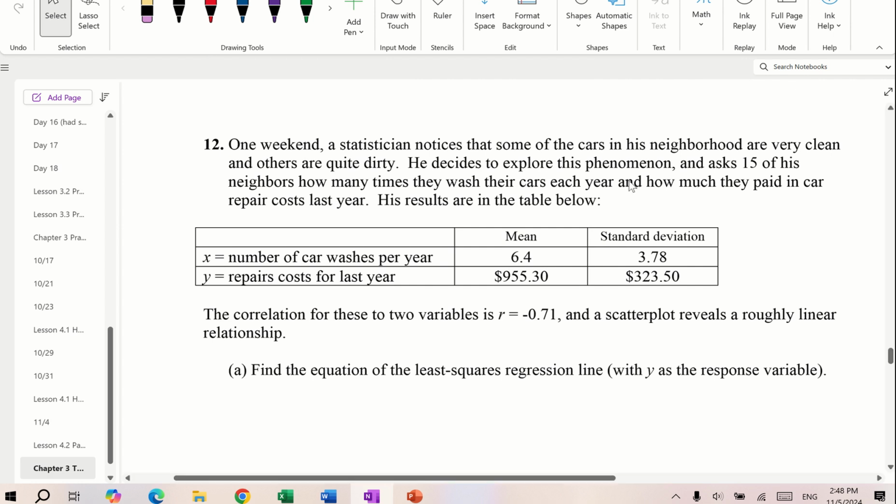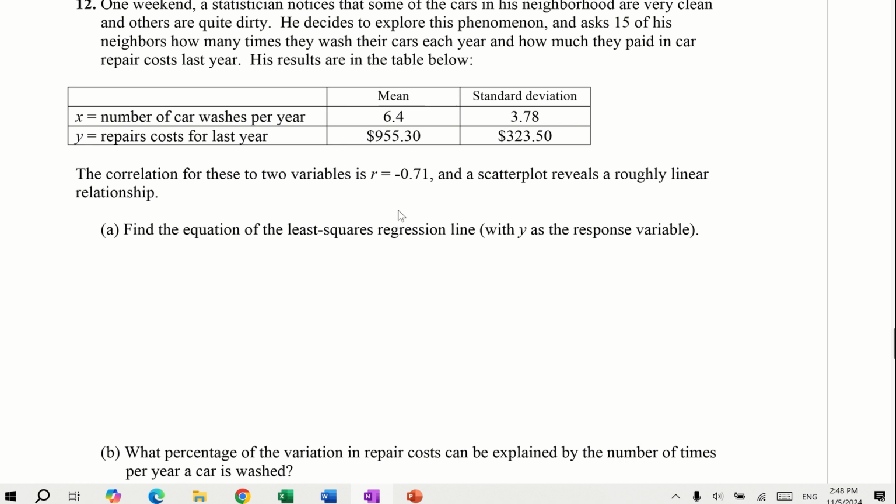He decides to explore this phenomenon and asks 15 of his neighbors how many times they wash their cars each year and how much they paid in car repair costs last year. His results are in the table below. We have the mean and standard deviation. The correlation for these two variables is r equals negative 0.71, and the scatter plot reveals a roughly linear relationship.